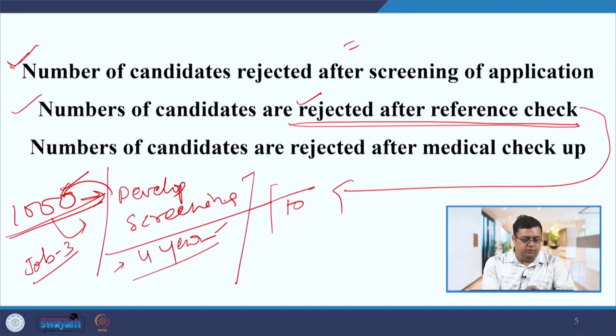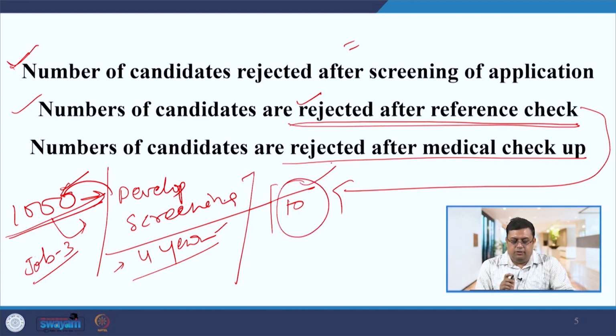Next thing that you need to understand is how many candidates were rejected after the medical checkup. Why are these numbers important? Because if you know these numbers, then you should know one particular thing.